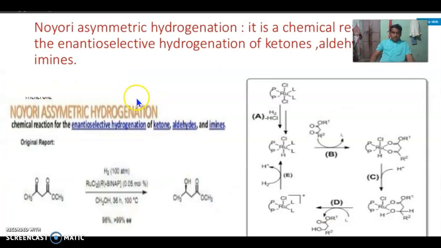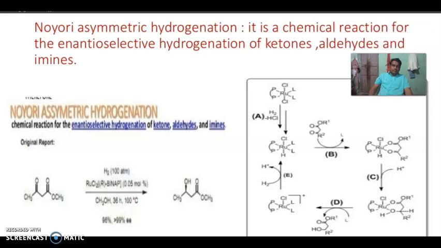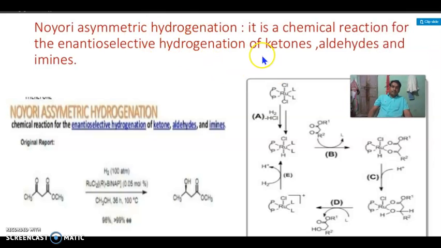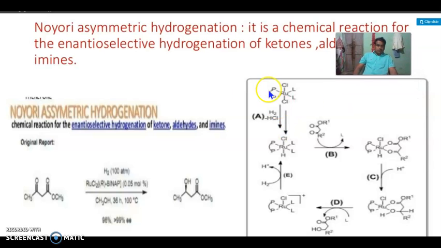Next, Noyori asymmetric hydrogenation. It is a chemical reaction for the enantioselective hydrogenation of ketones, aldehydes, and imines. These are homogeneous catalysis examples.